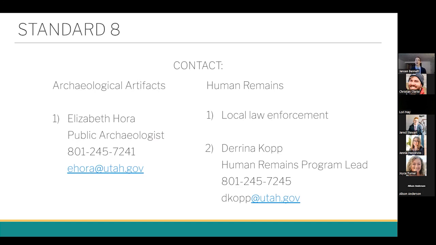So if you're doing a project, you're digging, and you come across any archaeological artifacts, such as nails, really old beer bottles, pottery, etc., feel free to reach out to our public archaeologist, Elizabeth Hora, and she can help you know what next steps should be taken.